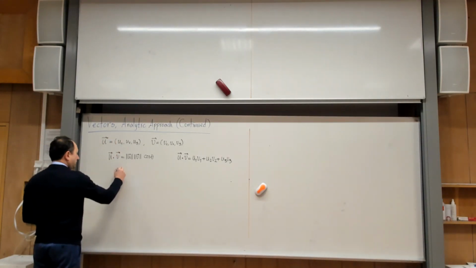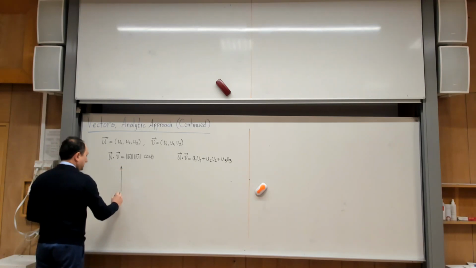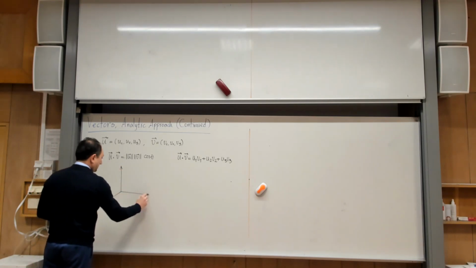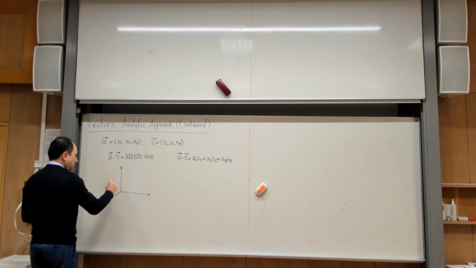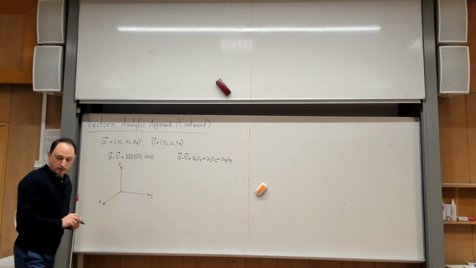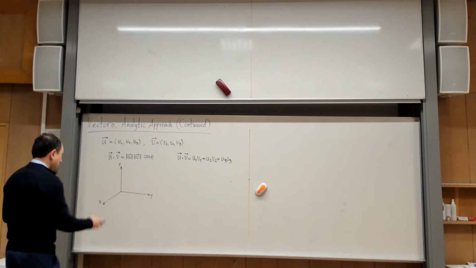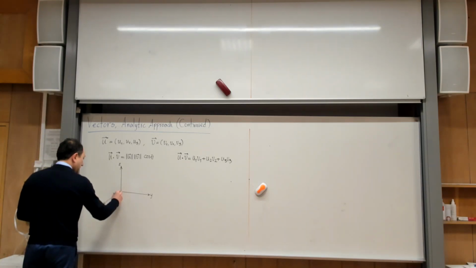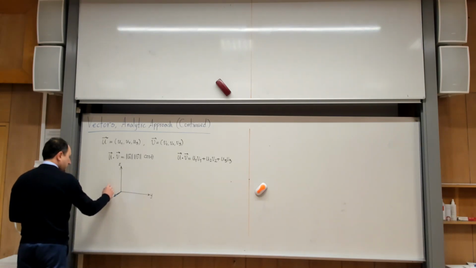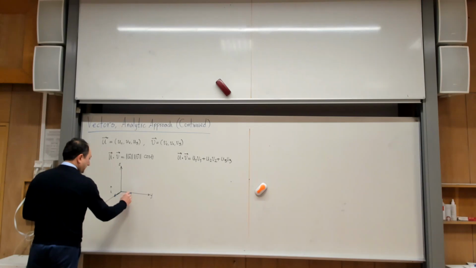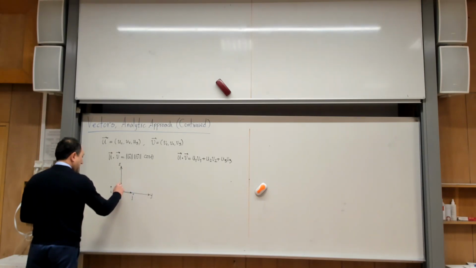If I have this coordinate system in 3 dimensions, with the z-axis, x-axis, and y-axis, we had this unit vector here, which I called i hat, then the unit vector here, which we call j hat, and this one is k hat.